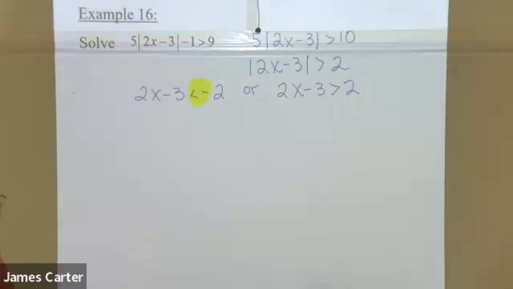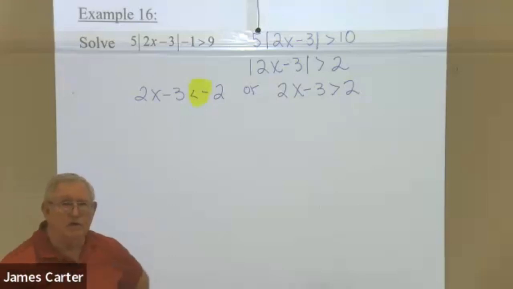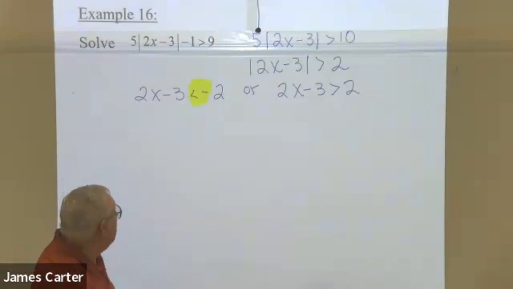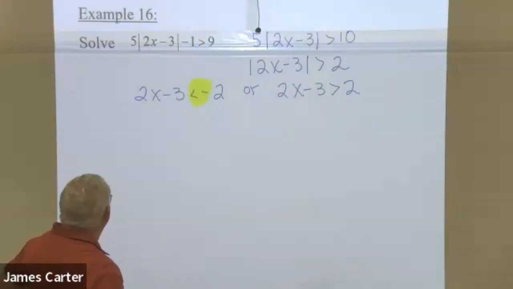The less than symbol, you get away with doing both ends against the middle, but a greater than, you must do it as two separate equations. Notice over here, on the negative side, we flip the symbol.